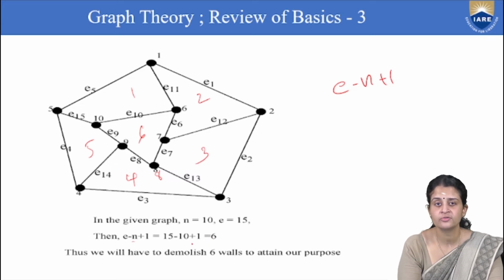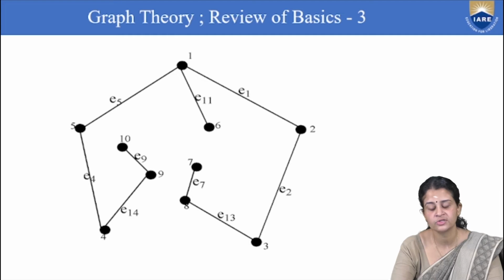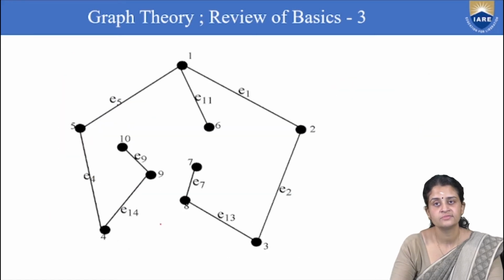That is, we have to remove 6 edges to satisfy our condition. Removing an arbitrary 6 edges from the given graph, the resultant graph will look like this. And from here, our solution: we can see how many walls will have to be broken to drain out the water, and we can drain out our water.